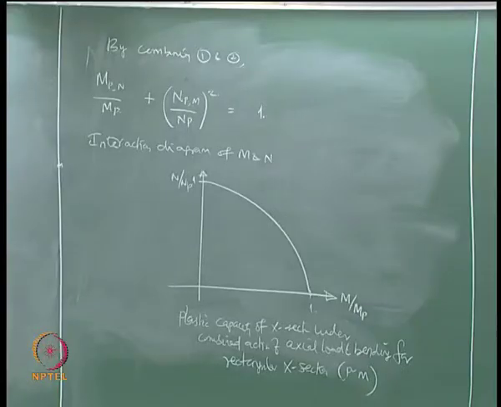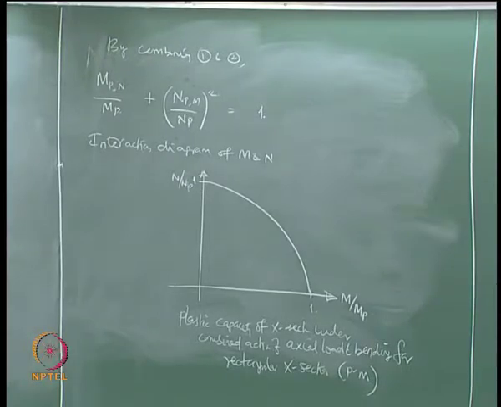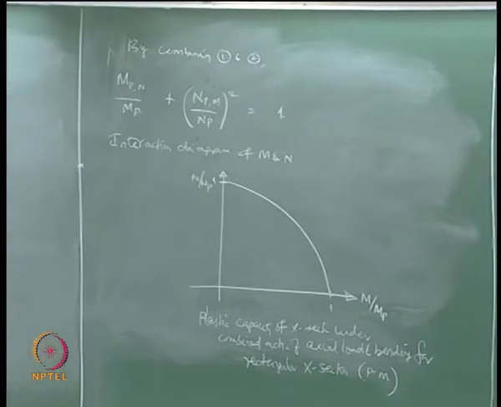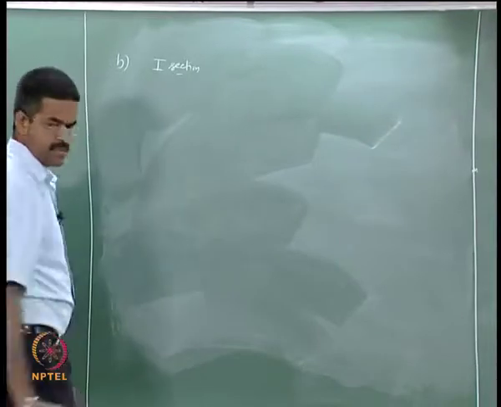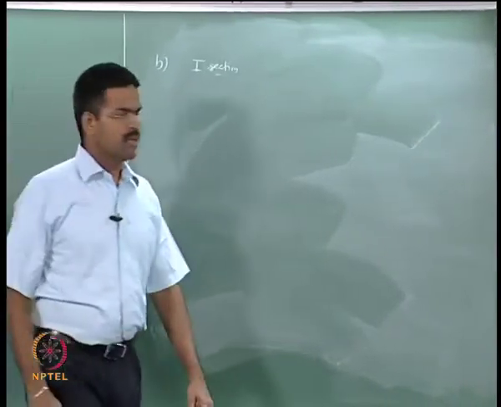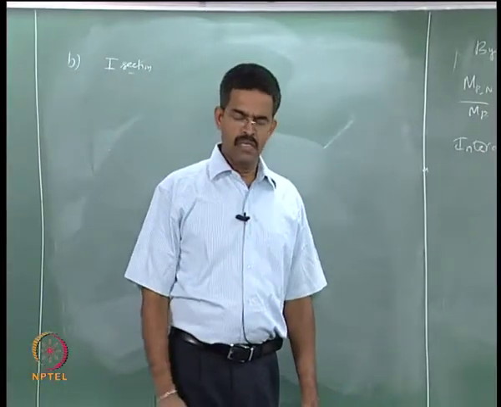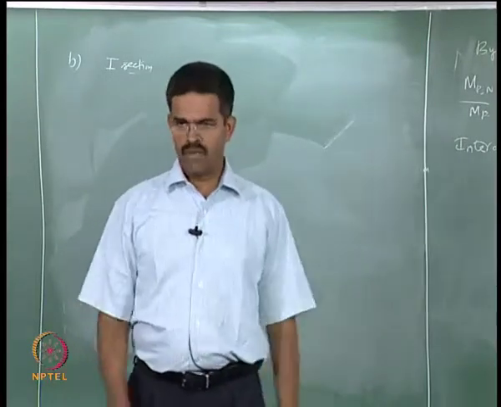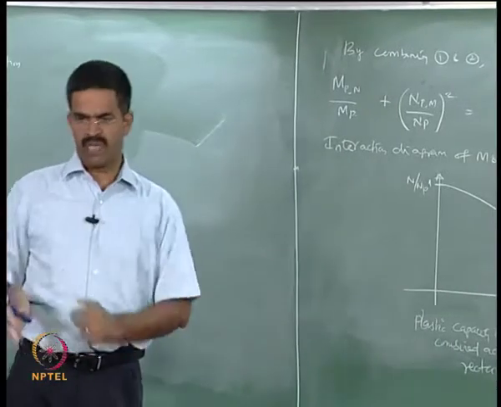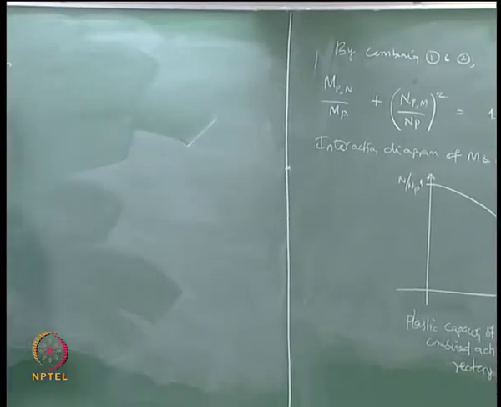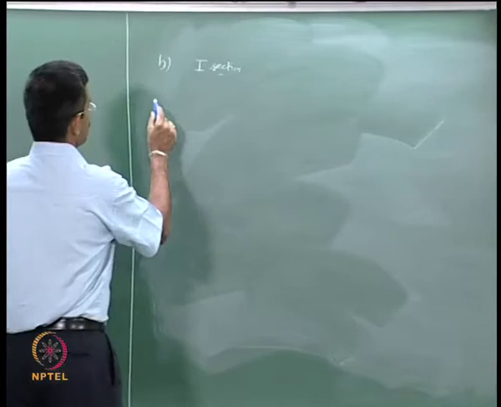Having said this, let us extend this concept to an I section. Same way we can do I section, because I section is nothing but a sum of rectangles of members, is it not? We have seen for one rectangle, we are now going to see for the sum of rectangles, okay. Let us do for I section.